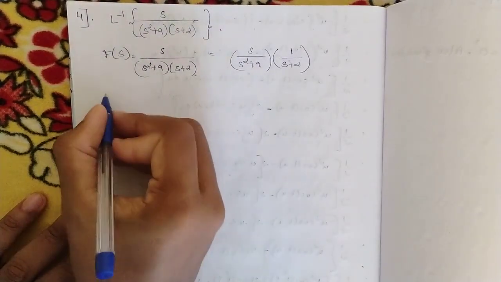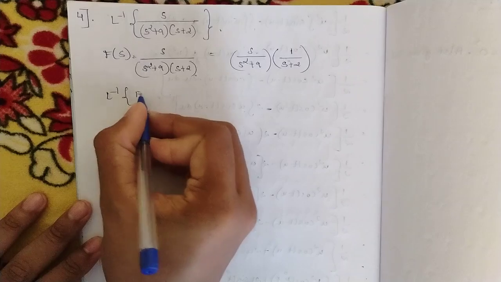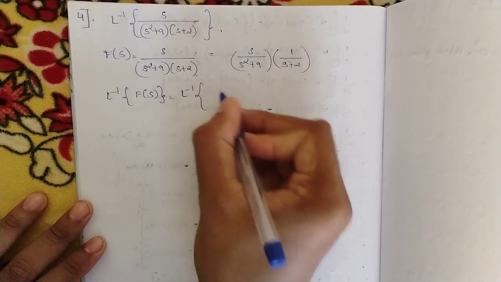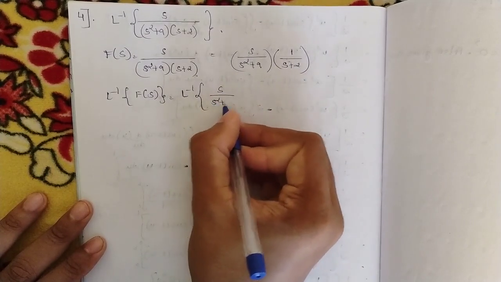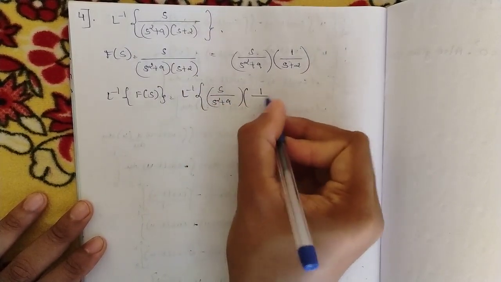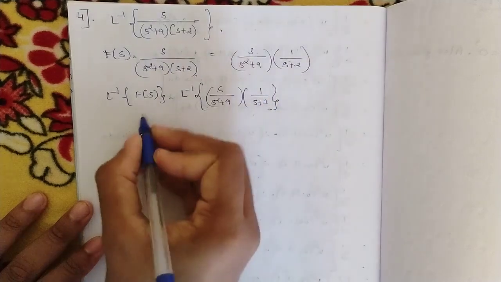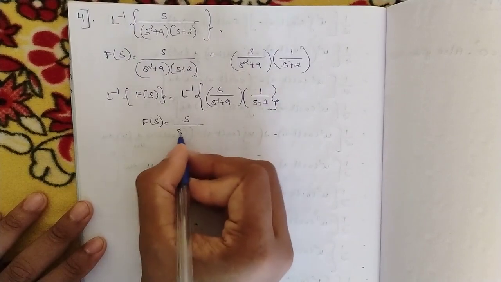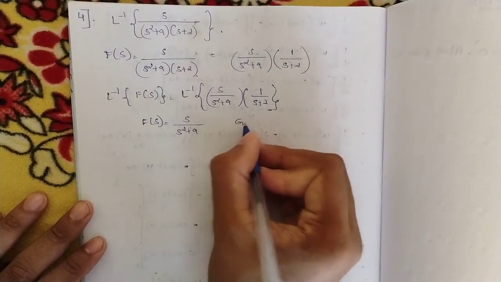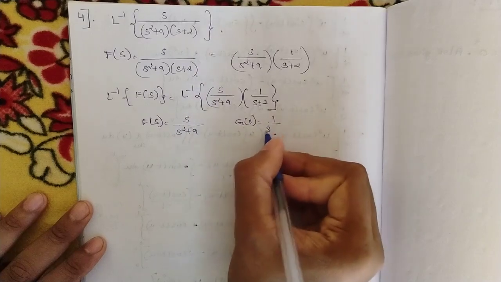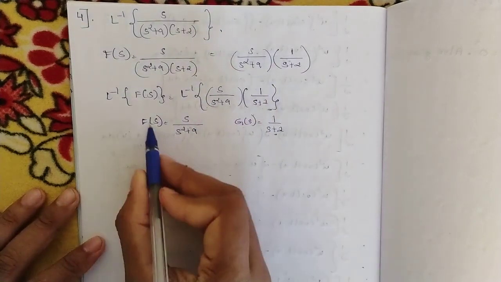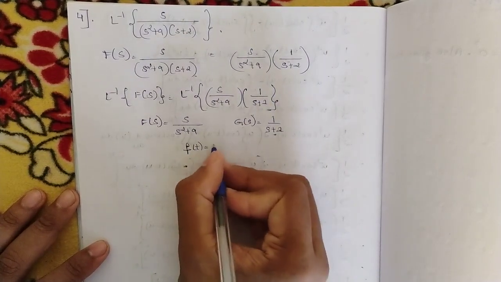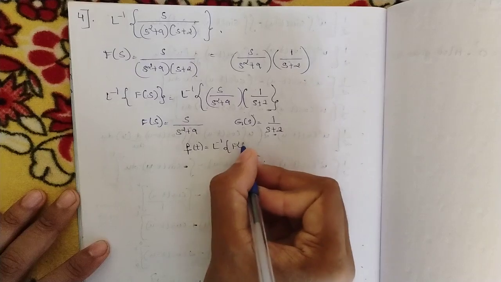Okay, so L inverse of f of s is equal to L inverse of s by s square plus 9 into 1 by s plus 2, where the new value of f of s is s by s square plus 9 and g of s is 1 by s plus 2. So in order to get the value of f of u, we should be finding f of t. f of t is L inverse of f of s.